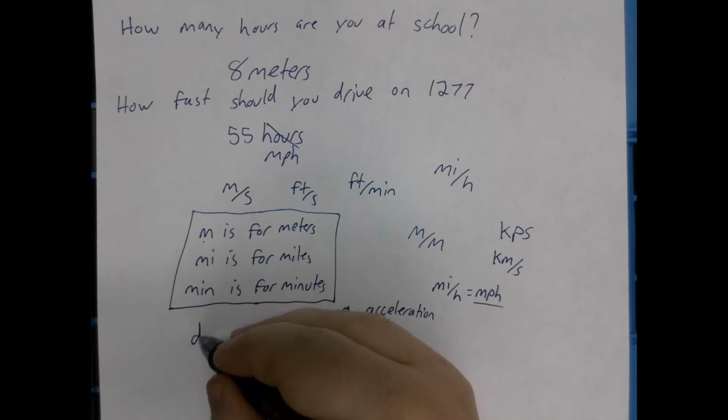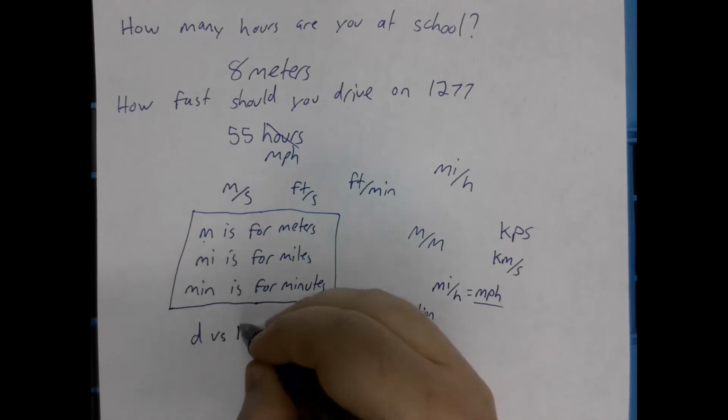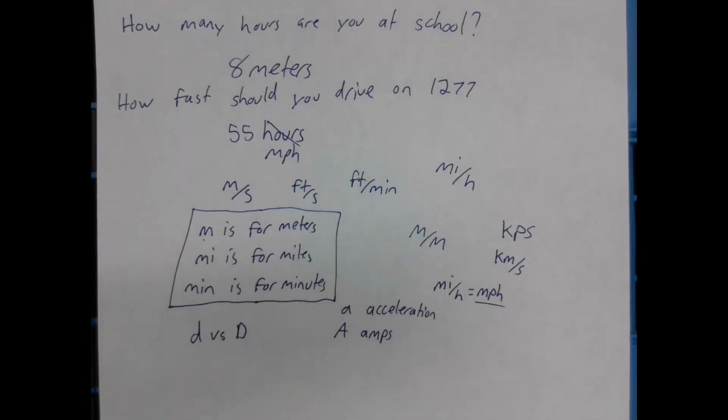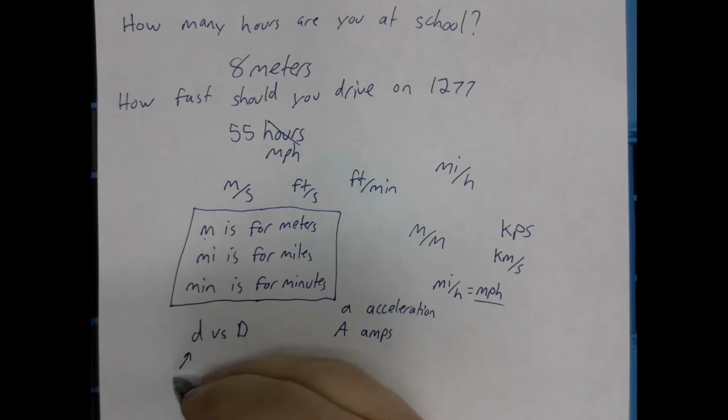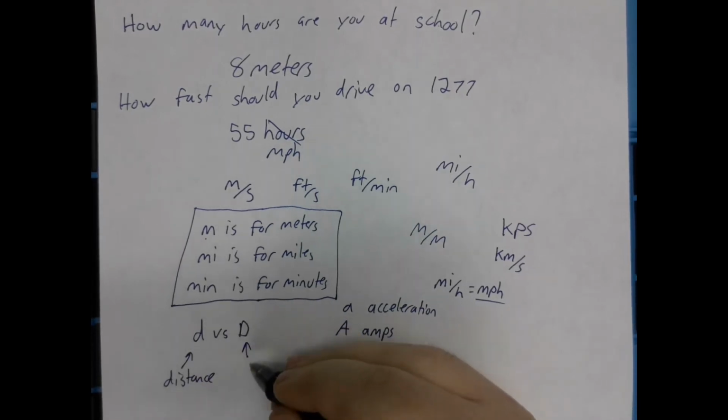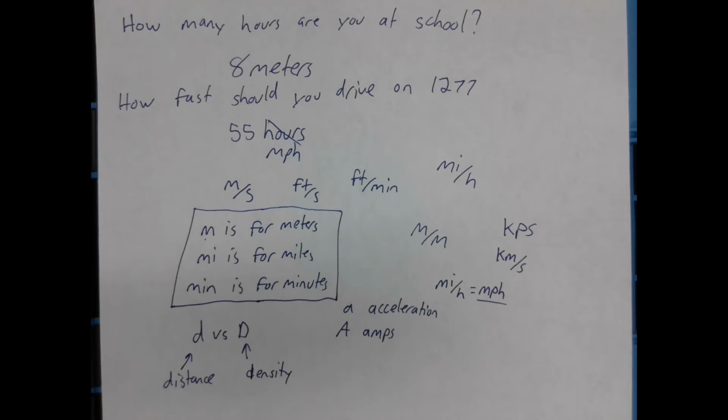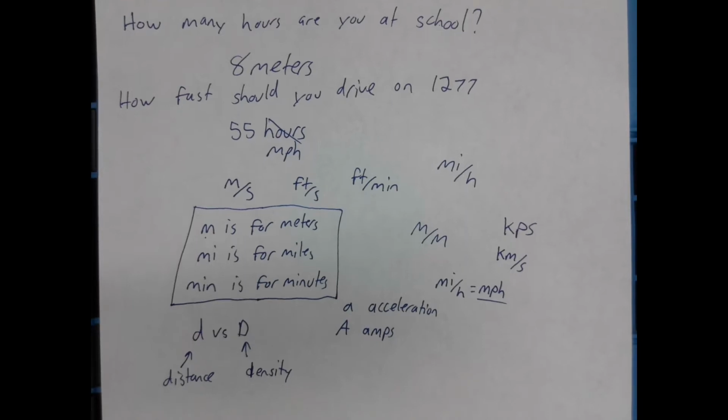Another thing is D versus lowercase d versus capital D. This is for distance. This is for density. If you see me lowercase something, if you see me capitalize something, copy what I do. There's a reason.